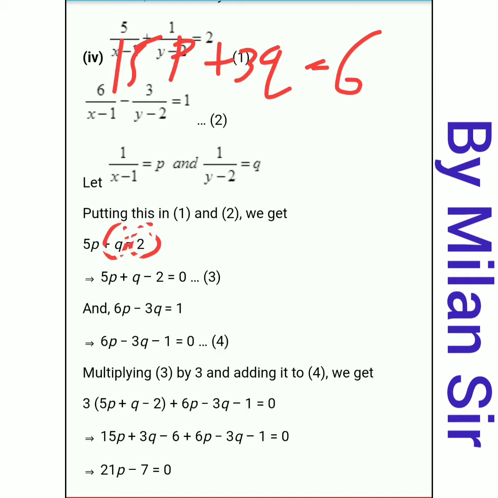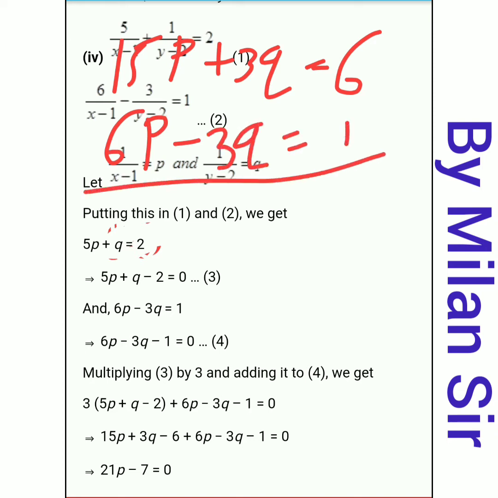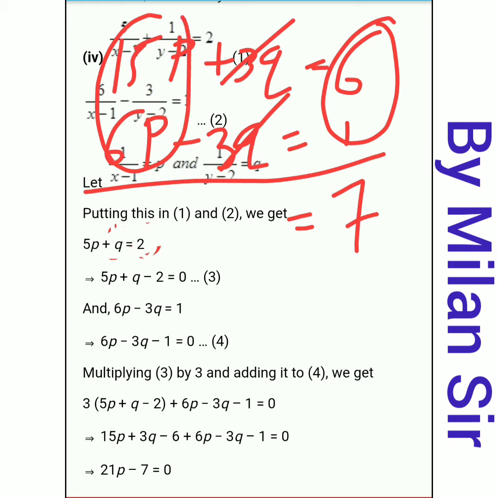Then the second equation as it is, 6p minus 3q is equal to 1. Now we need to add these two equations, so we do not need to change the sign. Plus 3q minus 3q cancel, 6 plus 1 is 7, 15 plus 6 is 21p.